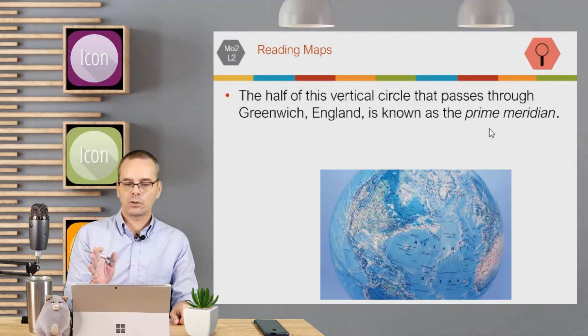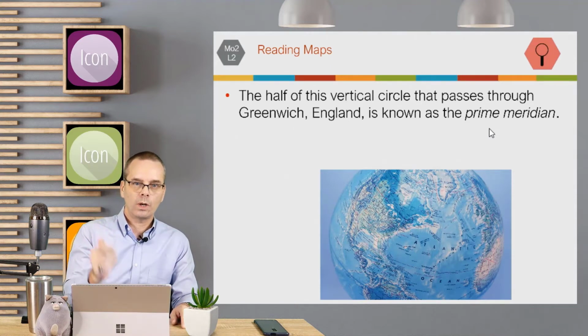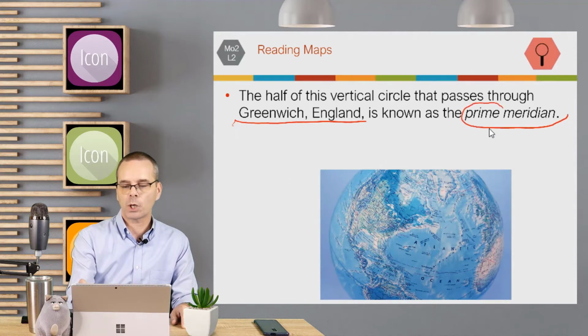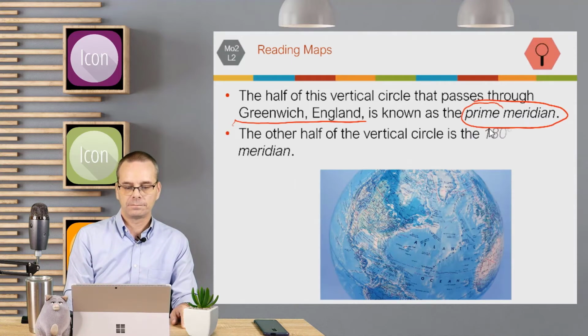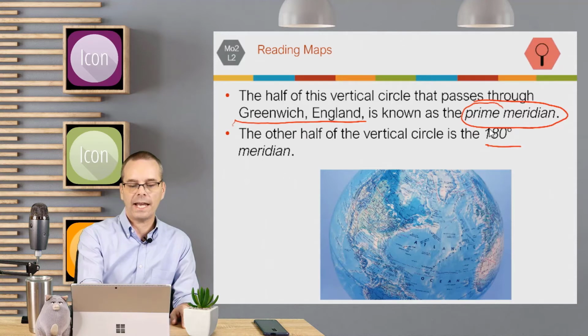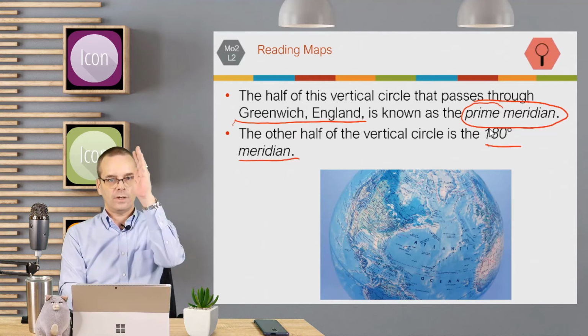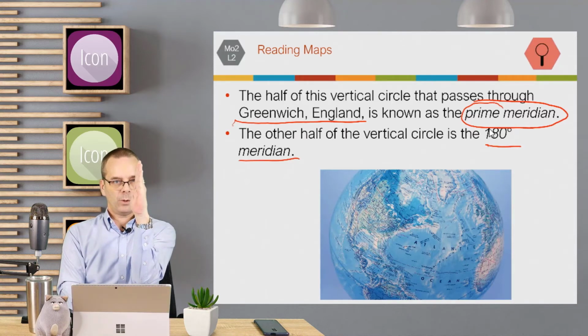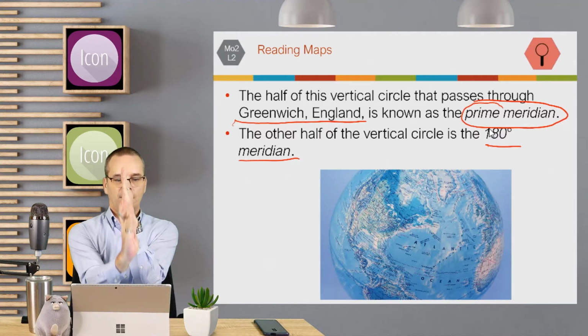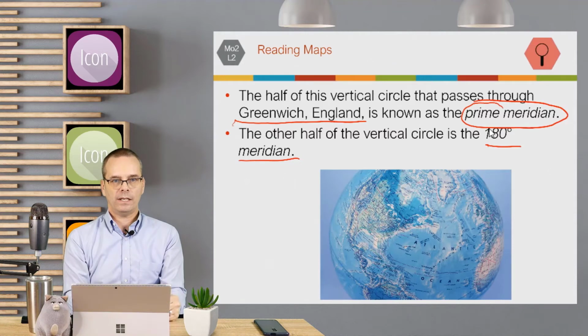Now, the half of this vertical circle that passes through a place called Greenwich, England, is known as the prime meridian. The other half of the vertical circle is known as the 180 degree meridian. So you have one prime meridian, and then all the way on the other side of the Earth, you have the 180 degree meridian.